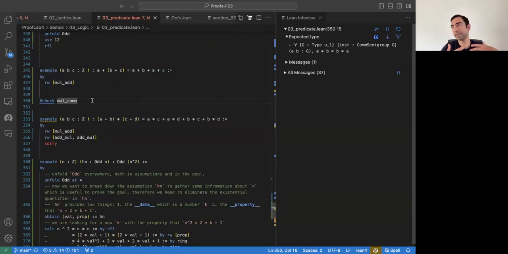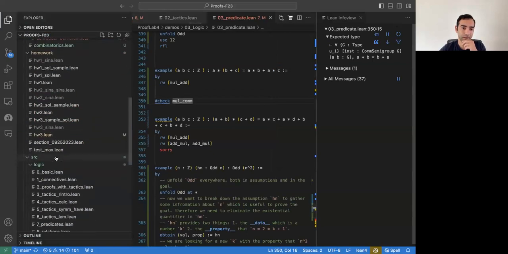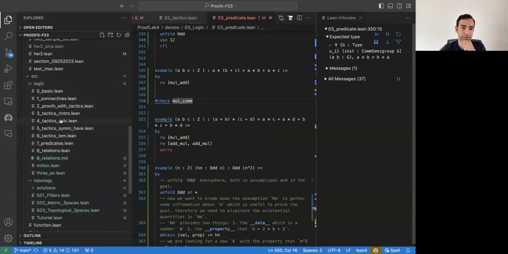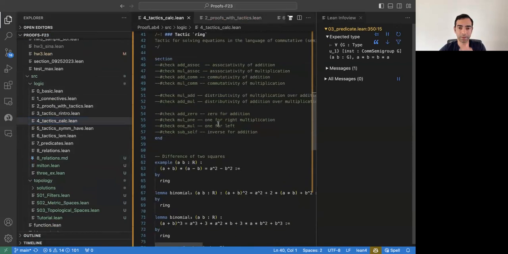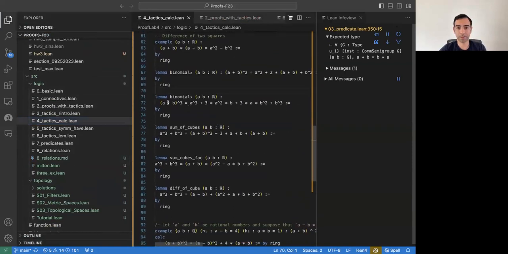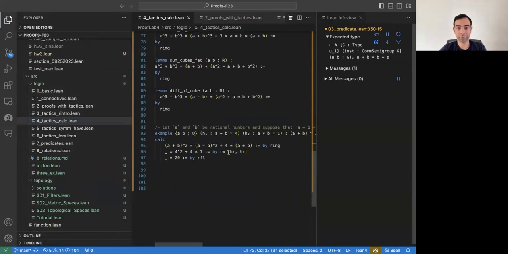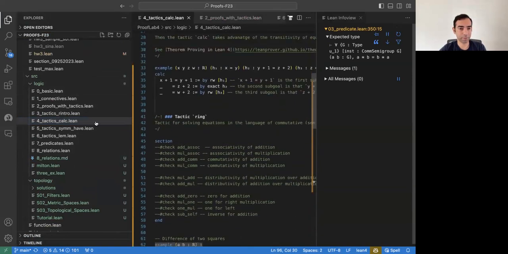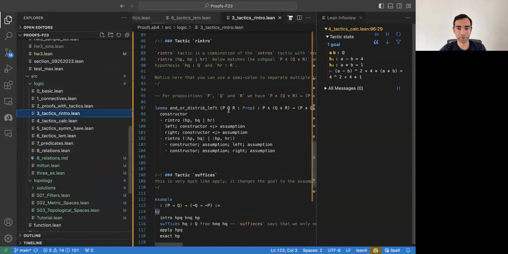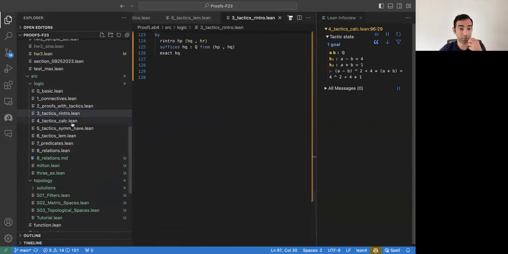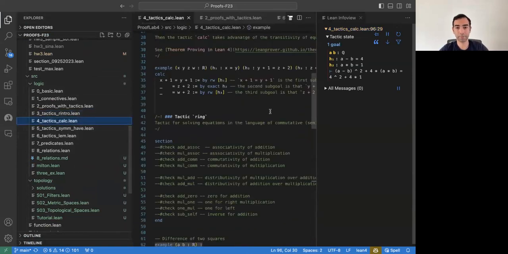One of the most efficient ways is to look at certain proofs that are in the source folder here. If you go to the source folder and, for example, look at logic, calc, then you will find that I prove some identities like this with ring, but before that I also give some proofs without ring in some of the files here.